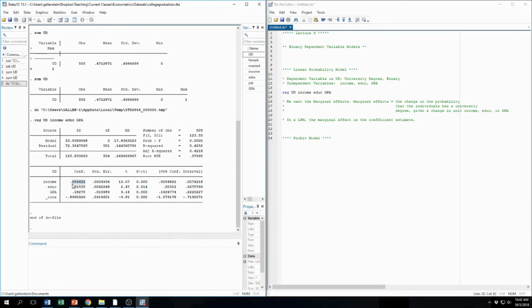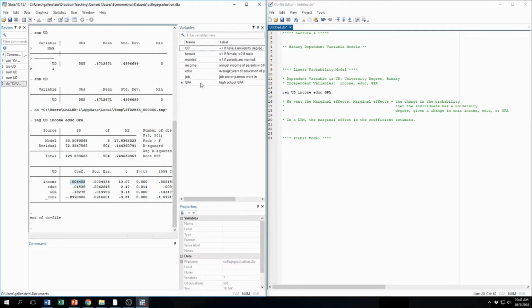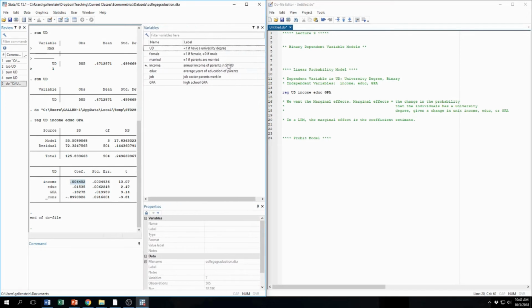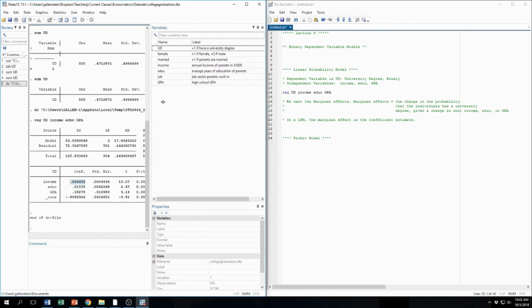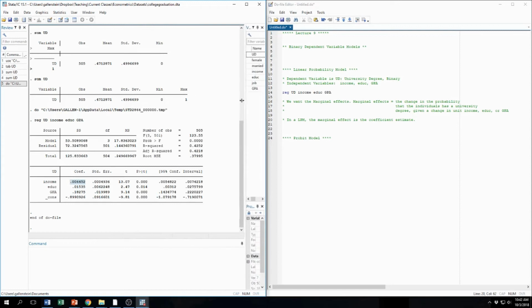So if the income of the student's parents goes up by $1,000, that's a marginal increase. Remember, income is measured in units of $1,000. So if the parents' income goes up by $1,000, that will increase the probability that this individual will have a university degree by 0.6%.